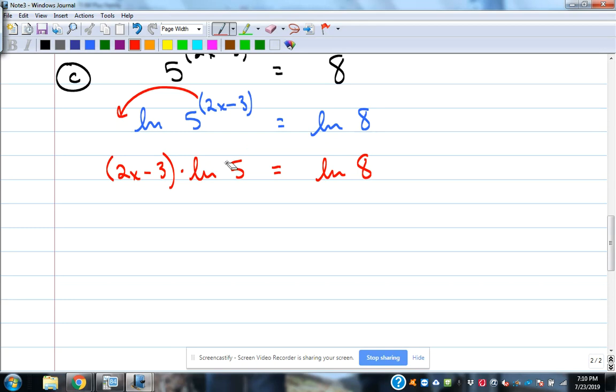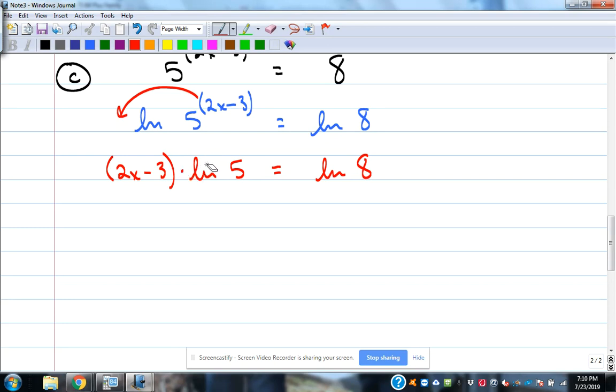Now, what property do we see here on the left side? You've got parentheses times natural log of 5. Remember, what is natural log of 5? It's a decimal number, though.